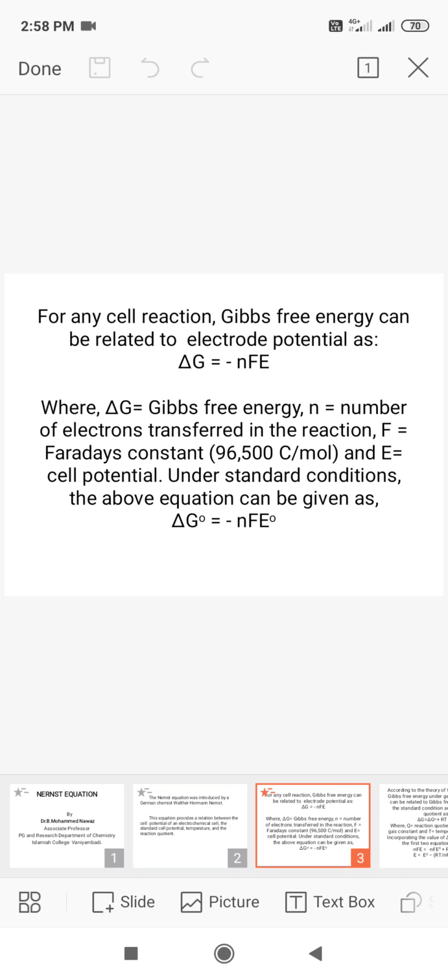For any cell reaction, we must know its Gibbs free energy. Gibbs free energy is very intimately related to the EMF of a cell, that is cell potential.